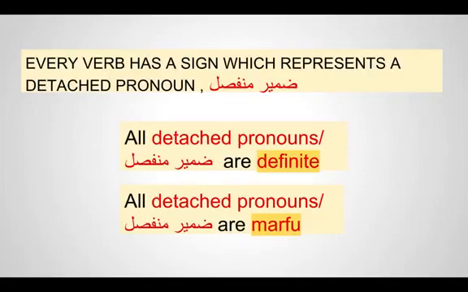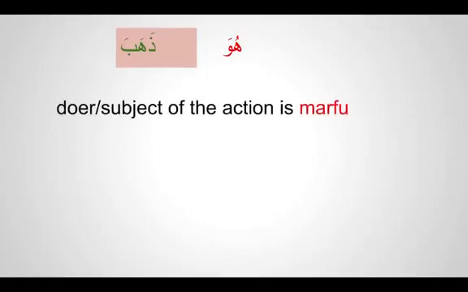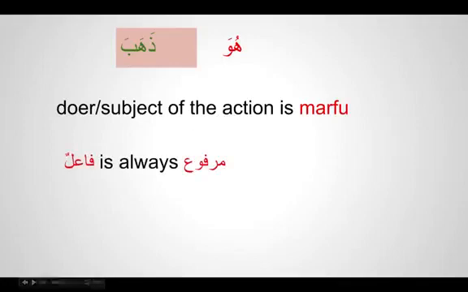That's why the fa'il, which the detached pronoun is representing, is always marfu. So in zahaba, who is the person who is leaving? He. That's huwa. So that is the fa'il. Huwa zahaba. The subject or doer of the action is marfu, and that is called a fa'il, and the fa'il is always marfu.